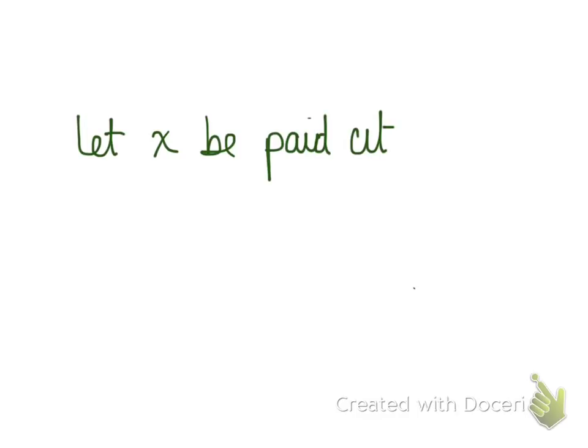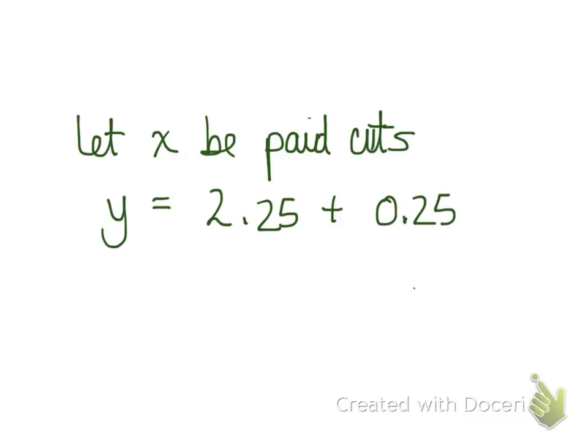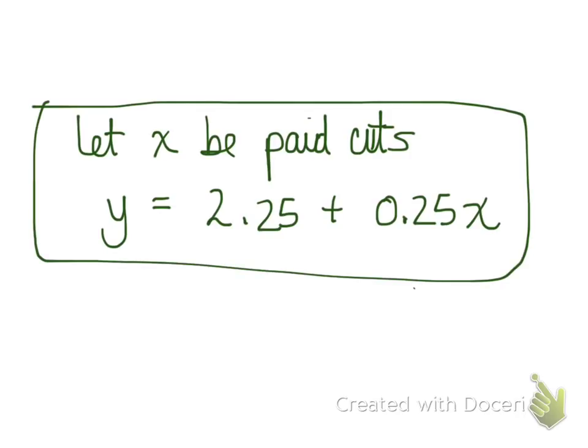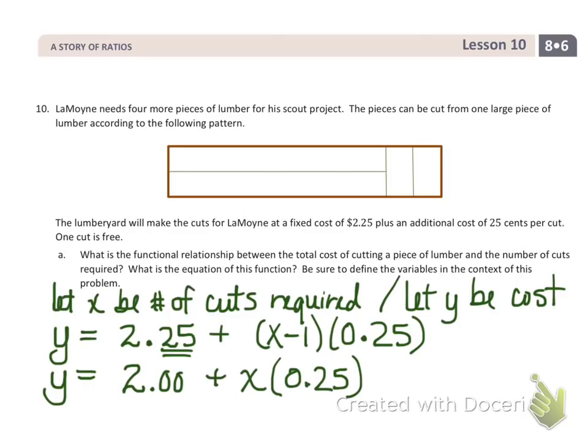If X is the paid cuts, then the total cost is going to be 2.25 plus 0.25 times X. So this points out how important it is to define your variable, because this X is not the same as this one.